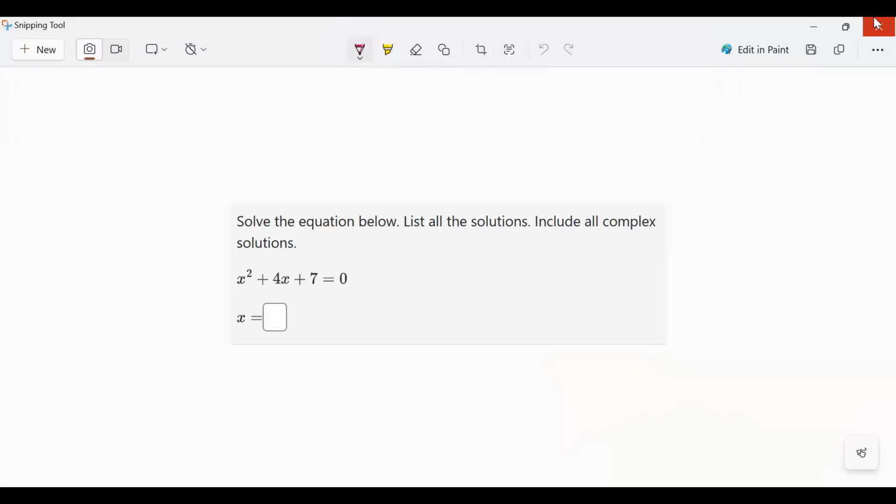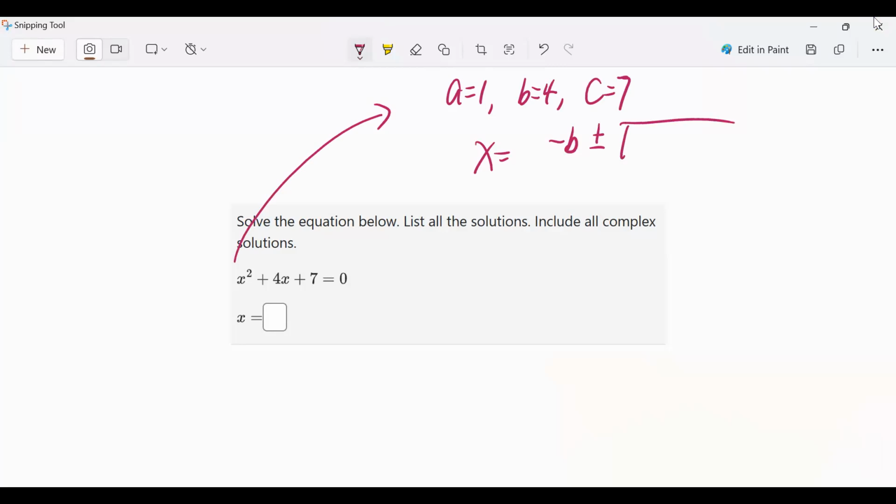So use the quadratic formula, start with A is 1, B is 4, C is 7. Now using the quadratic formula, x equals minus b plus minus radical b squared minus 4ac over 2a. Right, and then how do we know that's a complex solution? Because b squared minus 4ac here is negative.